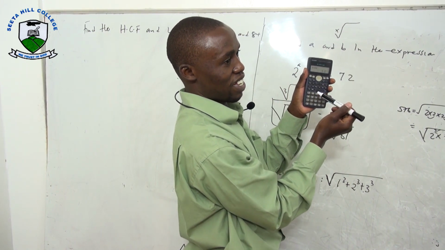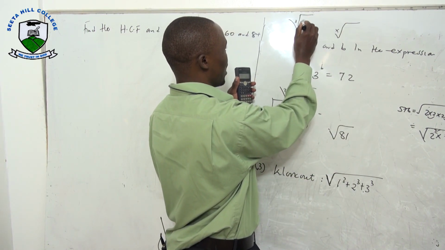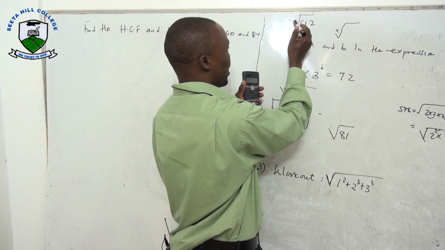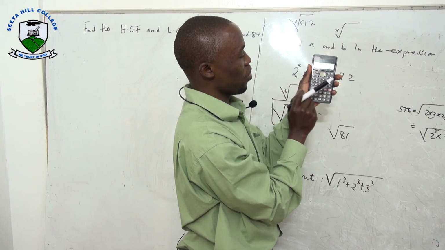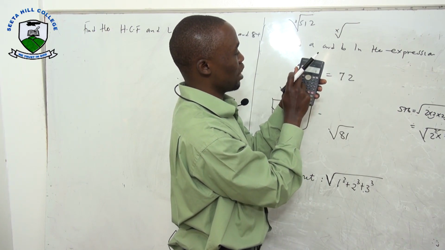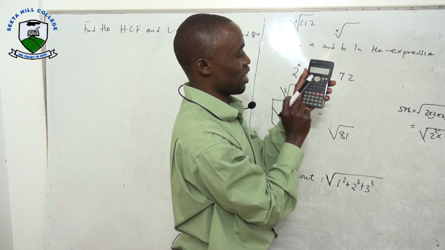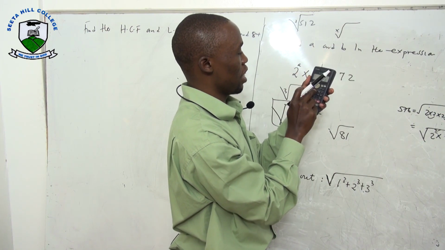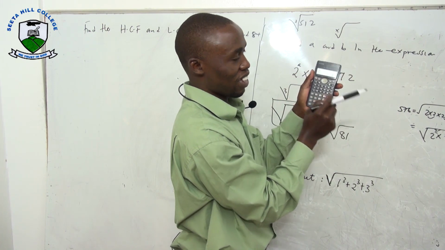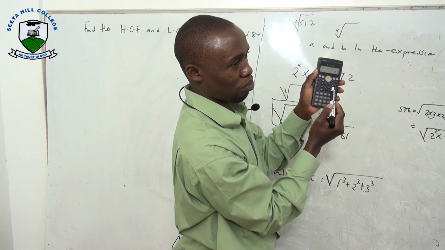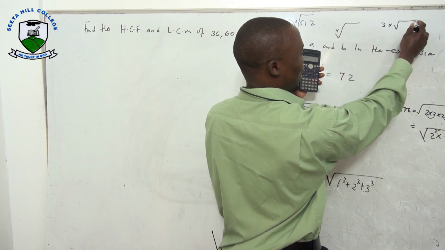Because cube root means a 3 here, you first press 3, then shift, then this button here, and it will give you something like 3 with the root sign.